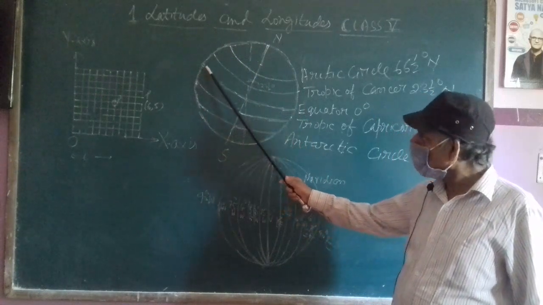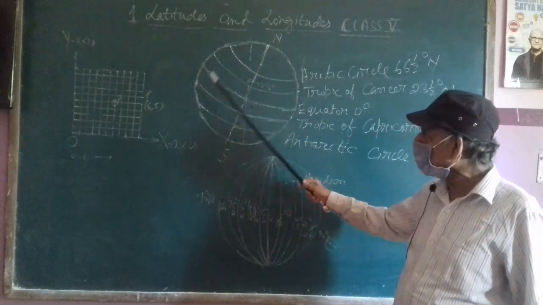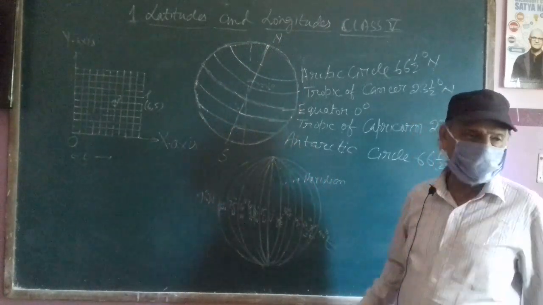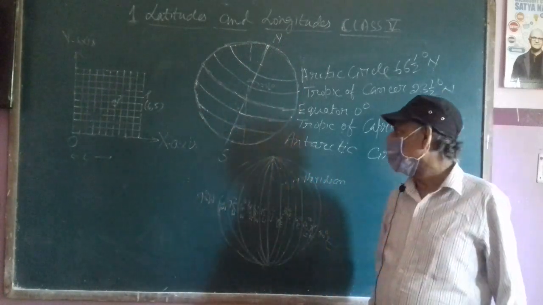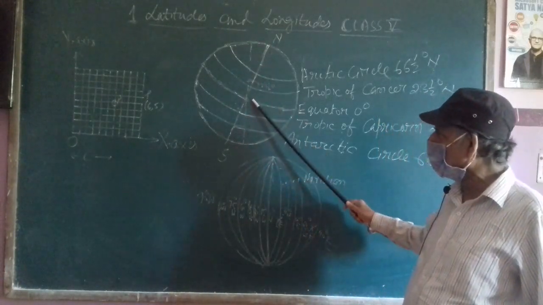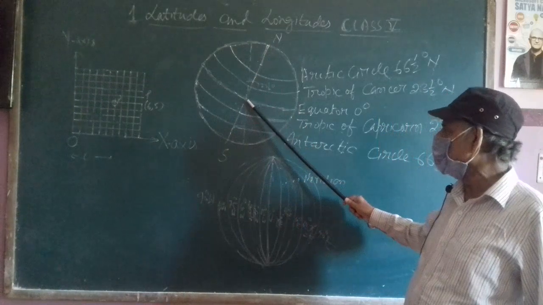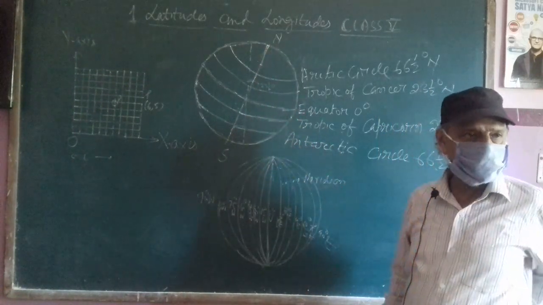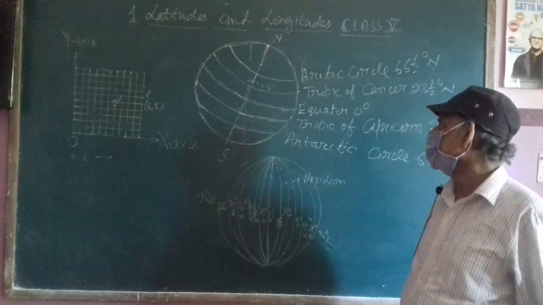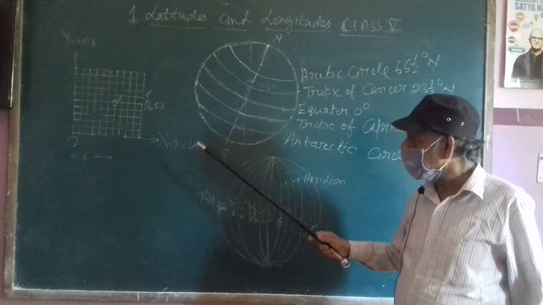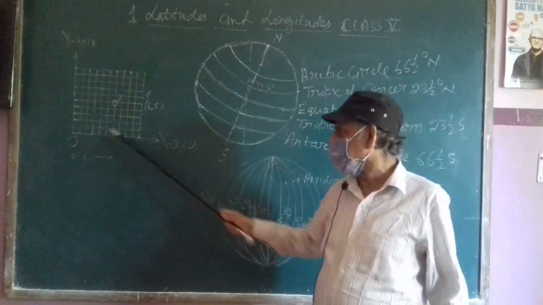As you move towards poles, North Pole or South Pole, their length goes on reducing. So they are not of equal length. The equator is the maximum, and as you move from equator to poles, their length goes on decreasing. So these are your latitudes. This is analogous to your x-axis.